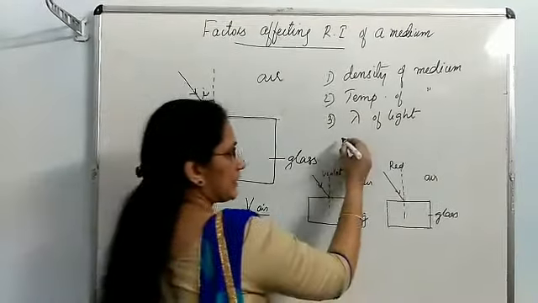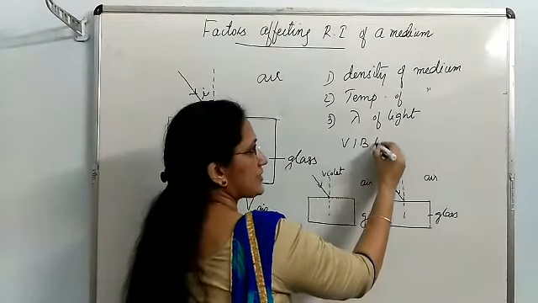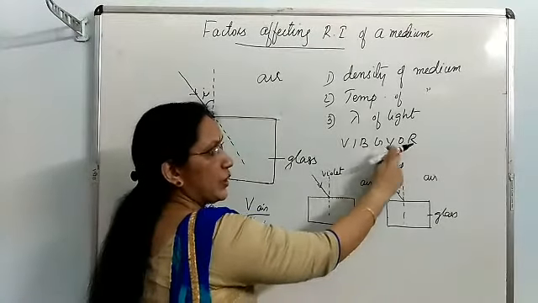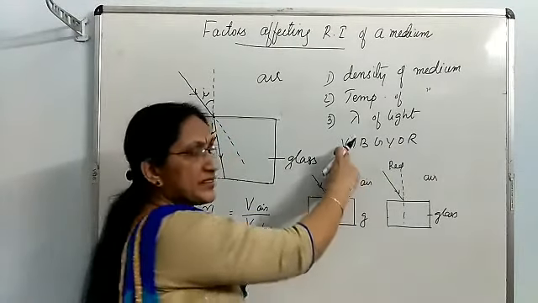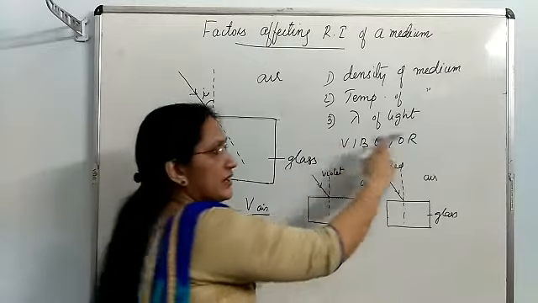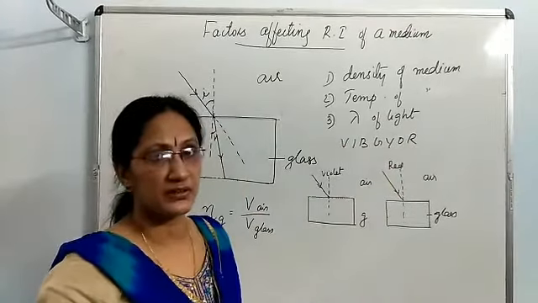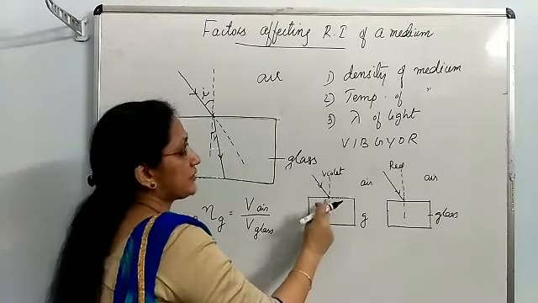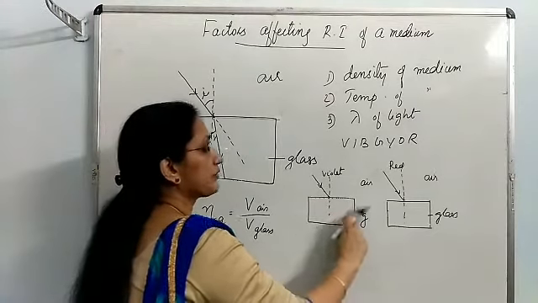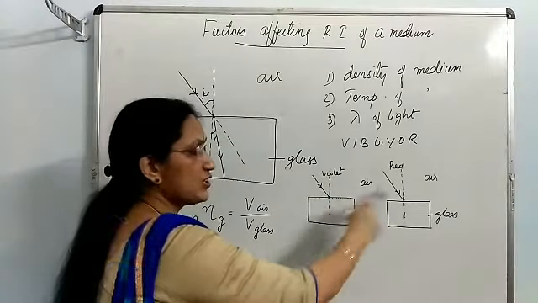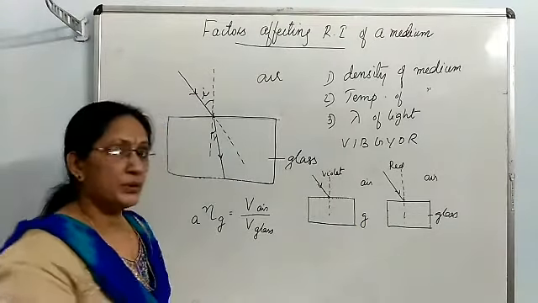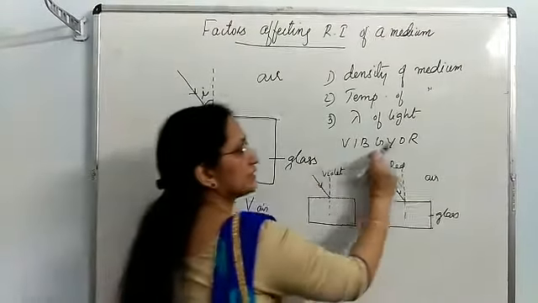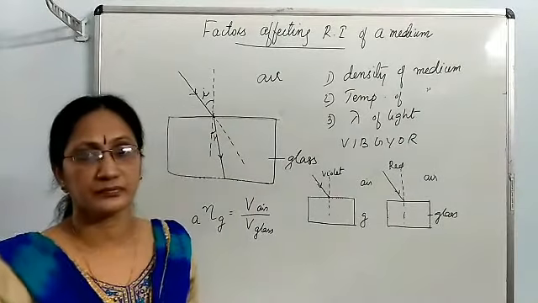You know, the different colors of white light are VIBGYOR: violet, indigo, blue, green, yellow, orange, red. And here violet has the least wavelength, red has the highest wavelength. Wavelength is different. Then let us find out how the refractive index you will get in these two cases. Do you know the speed of all these colors is same in air?